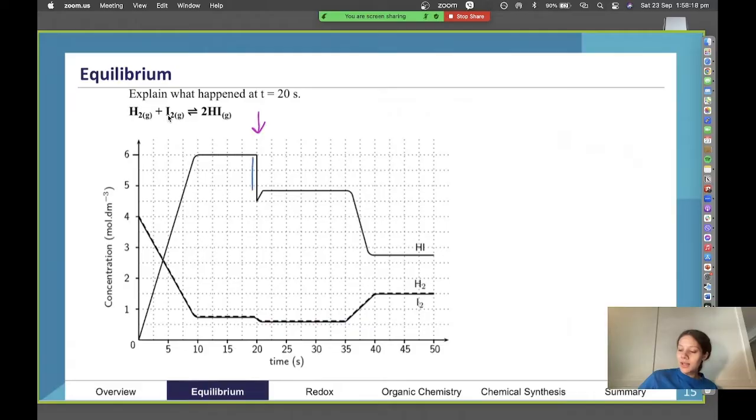So here we have a spike, which is something to definitely look out for, whereas in our reactants we have a little reaction to the stress rather than the stress itself.